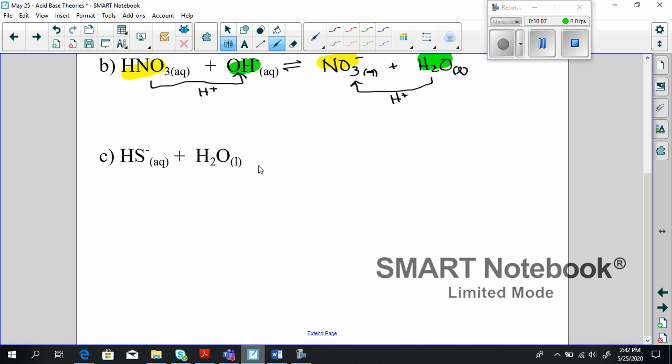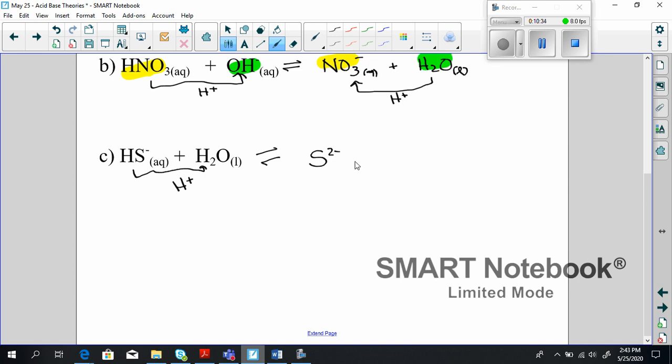So in some cases, HS negative is going to donate to water. So we show our hydrogen ion moving in that direction. If that's the case, then what we should get is HS negative after it donates. There's no more hydrogen, so it's just S. It was negative, and it became a charge of 2 negative.